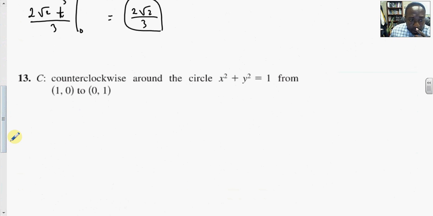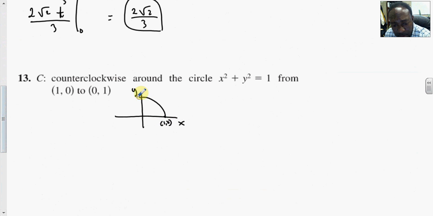All right. Here, the path is moving counterclockwise around the circle x squared plus y squared, and you're going from (1, 0) to (0, 1).